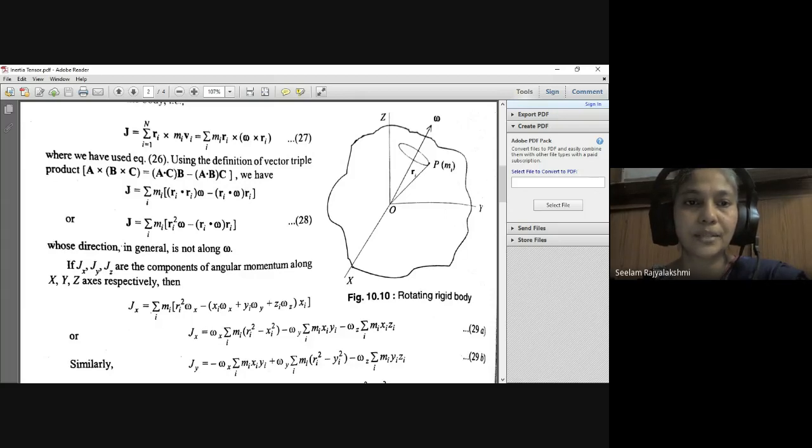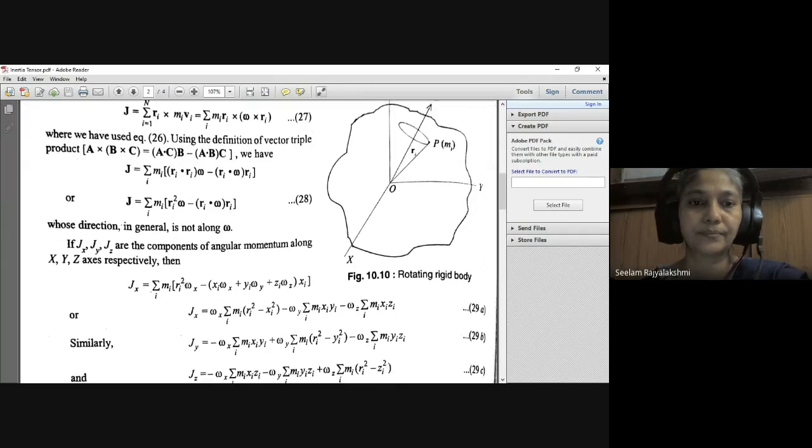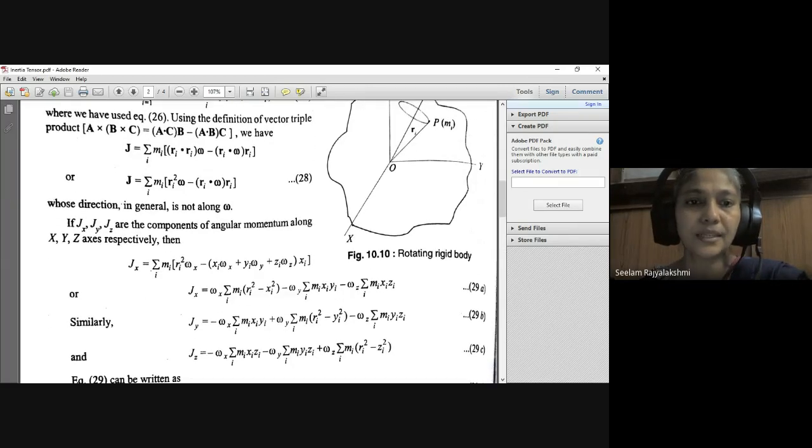So sigma i mi Ri square omega x minus Ri dot omega, and we can write this as xi omega x plus yi omega y plus zi omega z, multiplied by xi. So Jx, Jy, Jz are the components of the angular momentum along the x, y and z directions. That means Jx, the angular momentum along the x component, can be written like this.